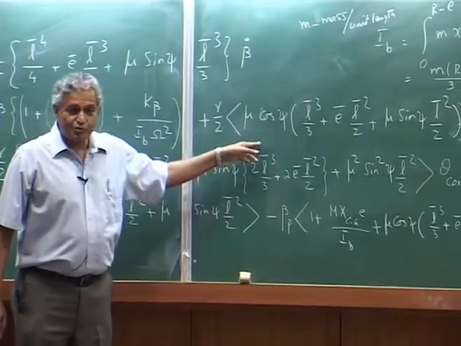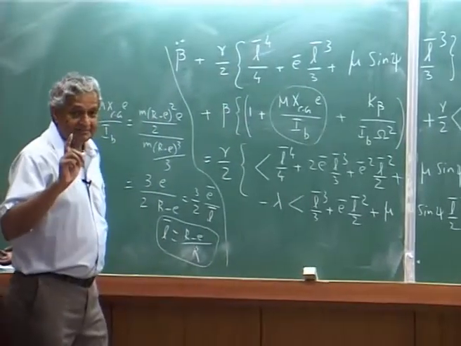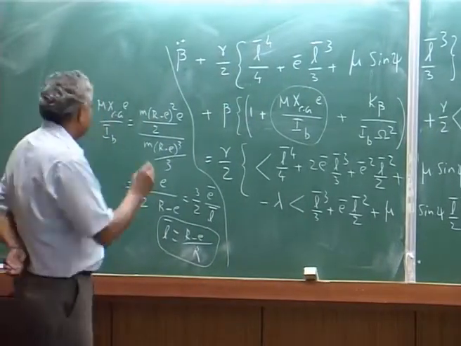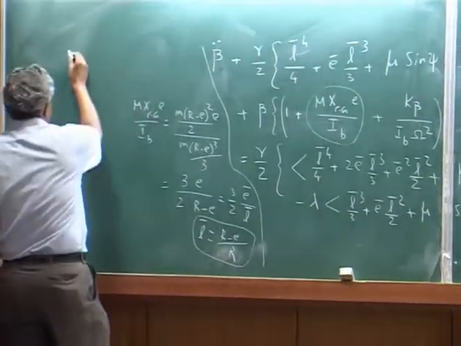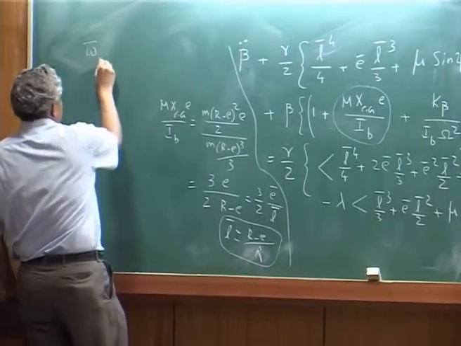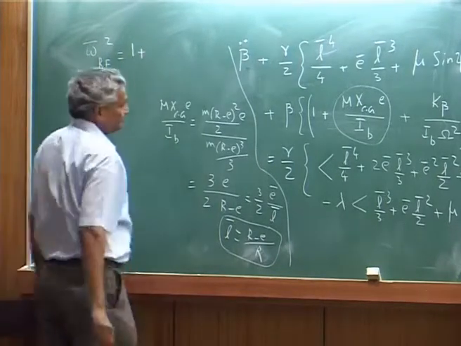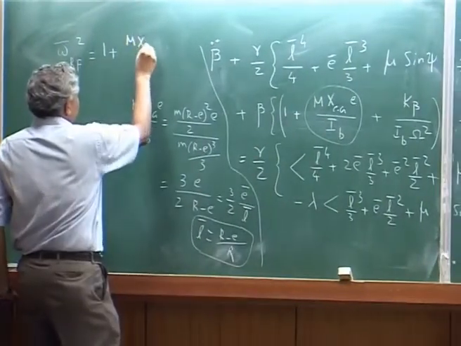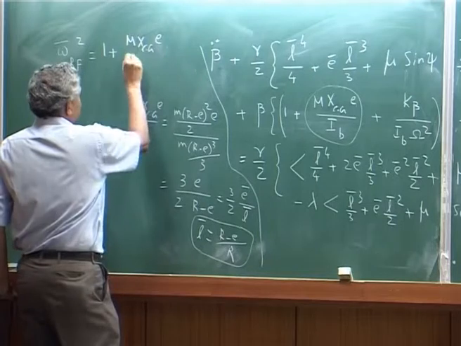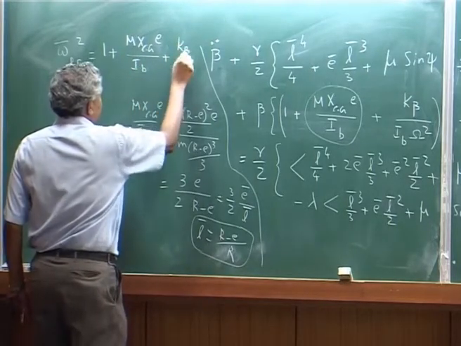The moment I set mu to 0, my rotating flap frequency, which is omega bar Rf square, is 1 plus m x Cg E over I_B plus k.